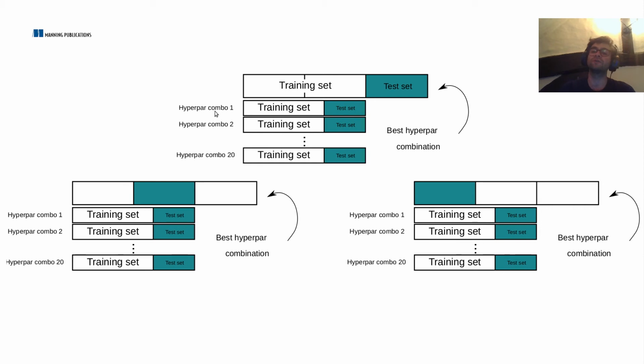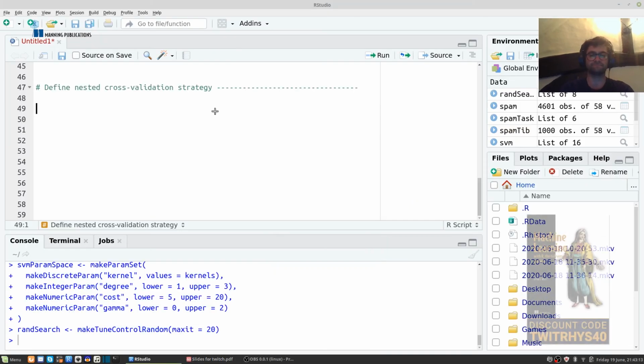You don't have a constant validation set across the whole model training process, because you can end up overfitting to the validation set, whereas this procedure mitigates that. This might seem complicated, and in theory it kind of is, but one of the reasons I like the MLR package is it makes it very easy to set this up, so that's what I'm going to show you next.